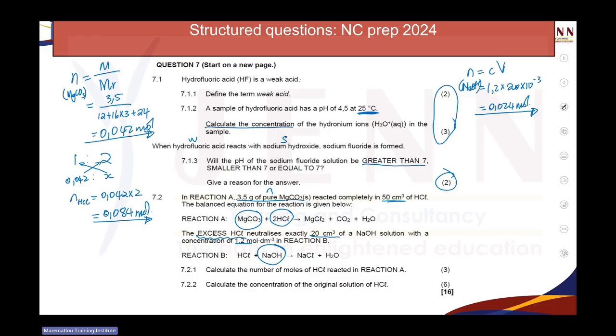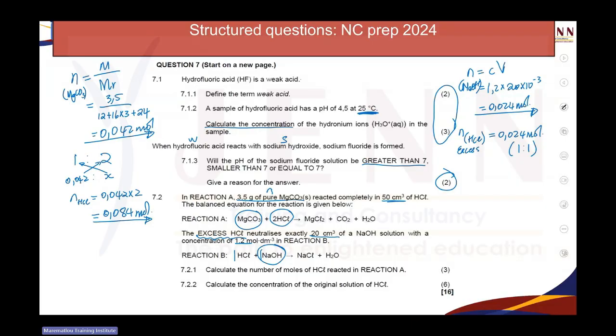Now we use molar ratio, and it's a 1:1 molar ratio. So the number of moles of HCl in excess will be 0,024 moles. It's important to write in excess so that you do not get confused. Why? Because we have a 1:1 molar ratio. I hope we are fine.